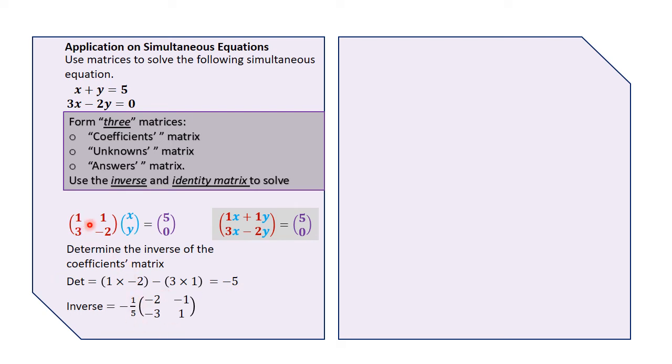We're going to change 1 and negative 2, so we have negative 2 and 1. Then 1 and 3, their signs are reversed to get negative 1, negative 3 respectively. And this particular part here, simplified, will give us this particular matrix, which is the inverse of the matrix 1, 1, 3, minus 2.